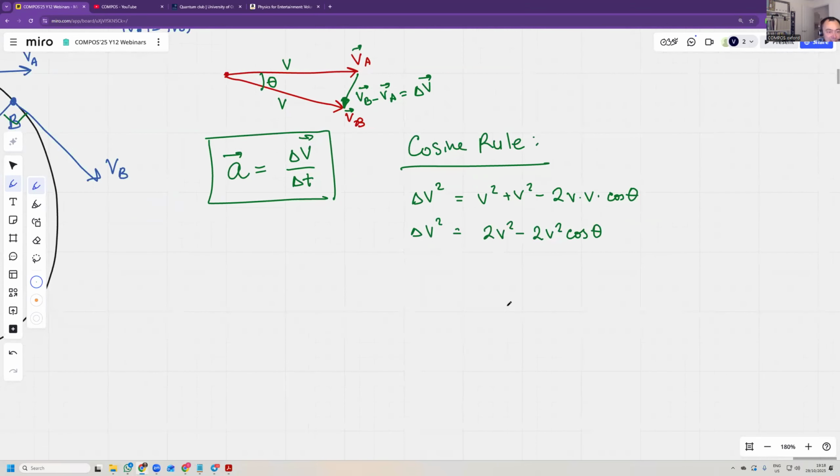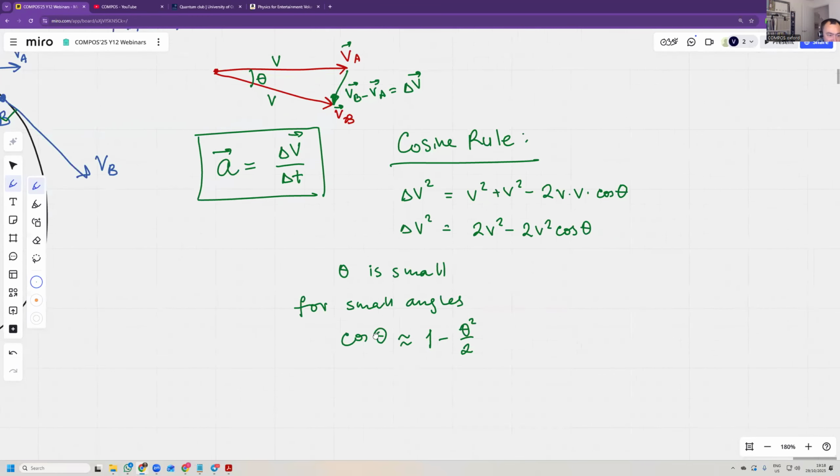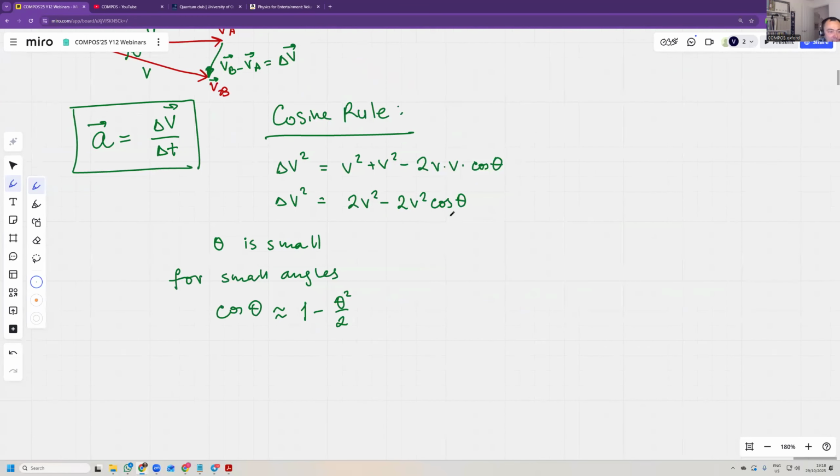Now, theta is a small angle. And for small angles, cos theta is approximately 1 minus theta squared over 2. And we're going to substitute that in.